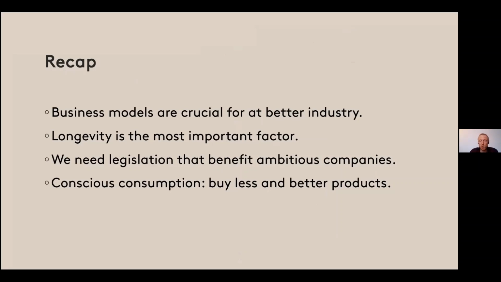Longevity is the most important factor when you consider the whole supply chain. We need legislation that benefits ambitious companies, and we need to push for that, and we need to applaud when that happens. We need to get away from the fast fashion models. And lastly, we need conscious consumption. We need to buy less, and we need to buy better products.